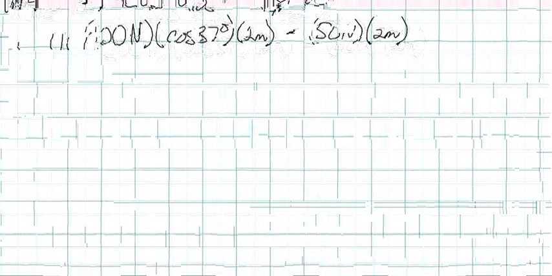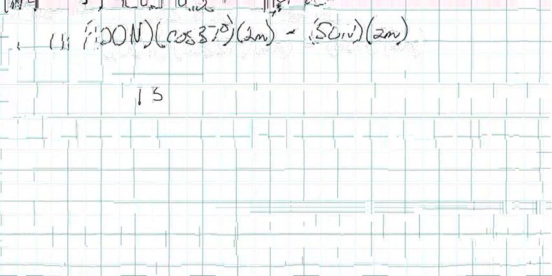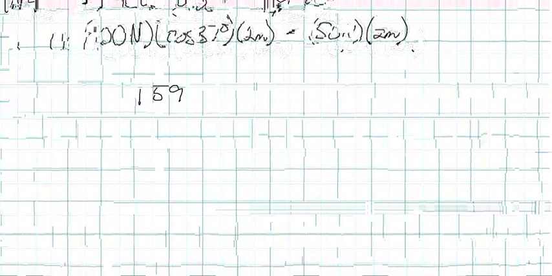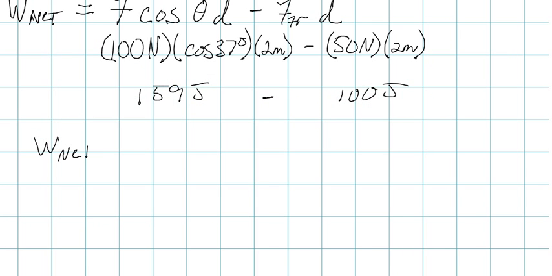And we end up with 159 joules minus 100 joules to give us a work net equal to 59.7 joules. Yep, there's a 0.7 here. Sorry.